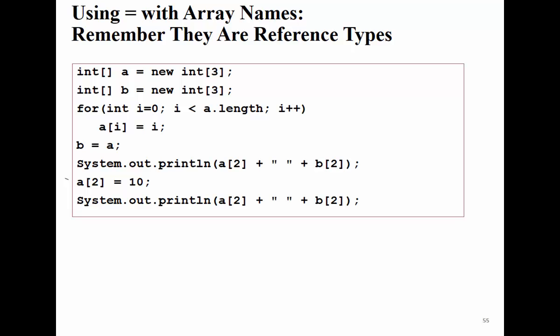Okay, now using equals with an array name, they are reference types. Here is another example to show the point. We define A and P as int arrays, the first one with 3 elements, the second one with 3 elements.